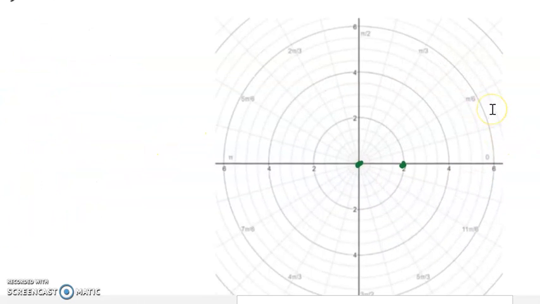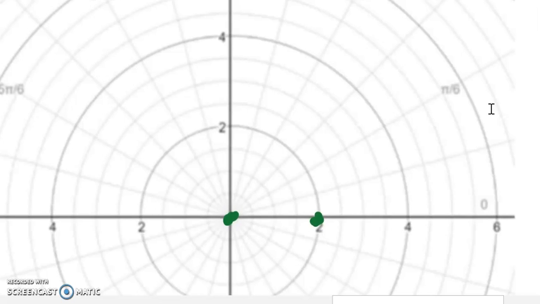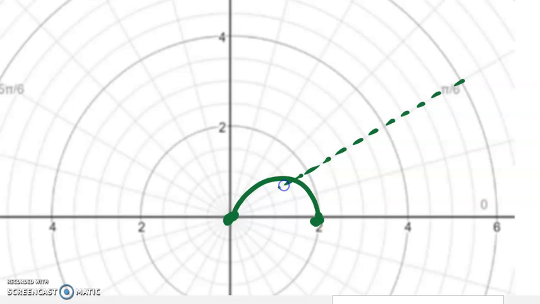So let's zoom in on this and make sure that we understand what's going on here. We don't want to do something like this. That's no good, because this line, pi over 6, is the theta value that r is going to reach 0. So all of this part of the curve up here, that's no good, because that's past pi over 6.